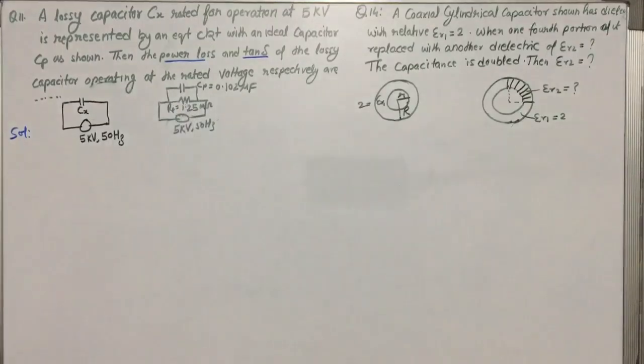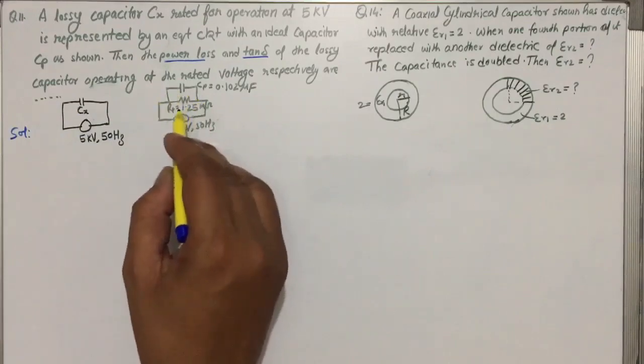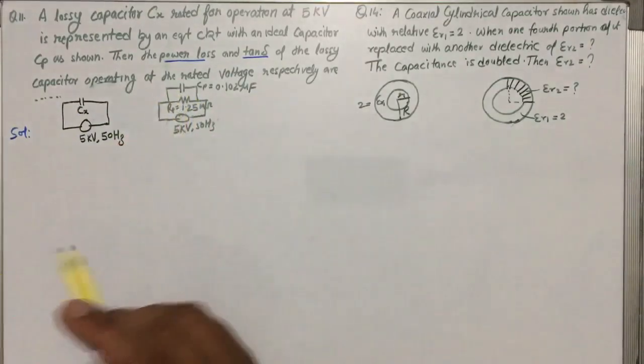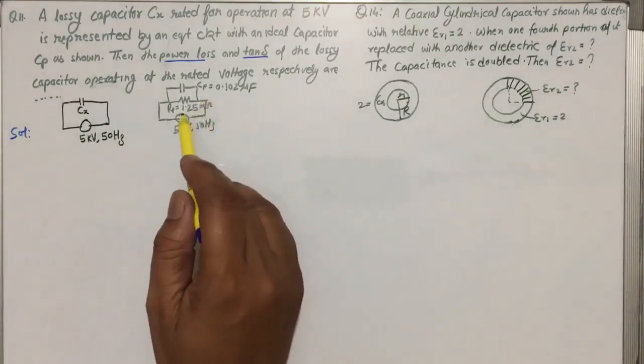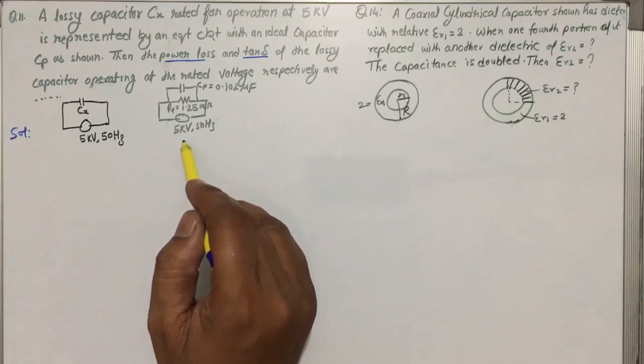Okay, so this lossy capacitor can be represented by Cp in parallel with Rp, and after this representation we have Cp and Rp and the operating voltage.